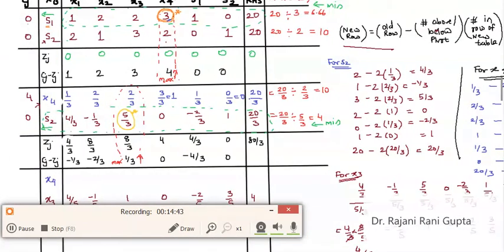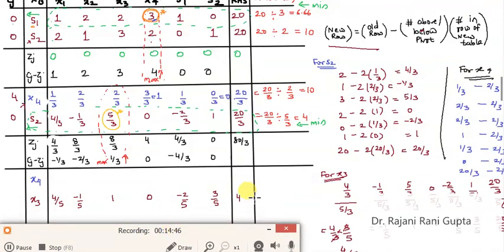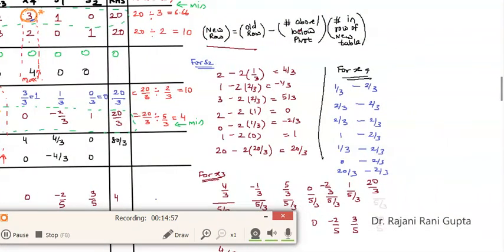Multiply by the number in the new row, which is this one, the row corresponding to S3. So which is 4 over 5, 4 over 5, minus 1 divided by 5, 1, minus 2 over 5, 3 over 5, and here 4.